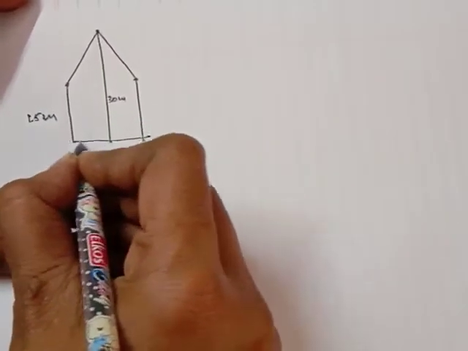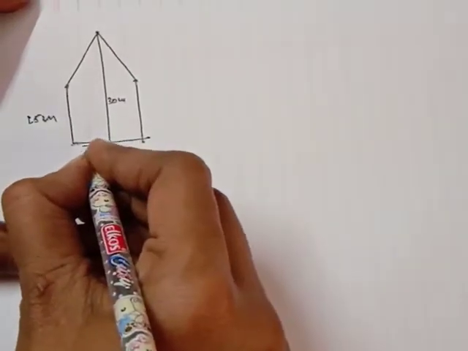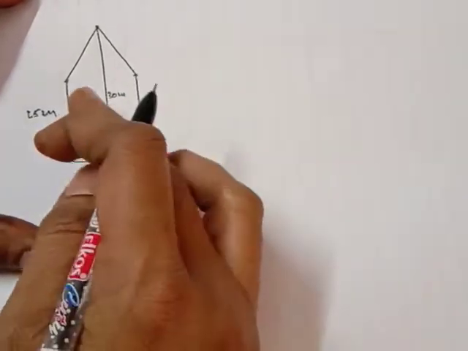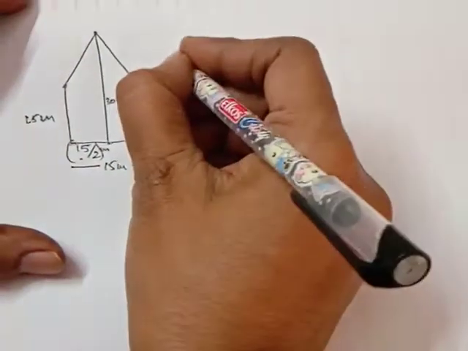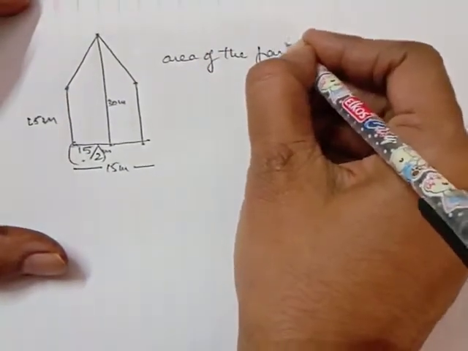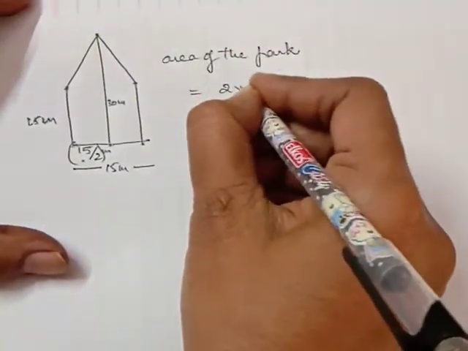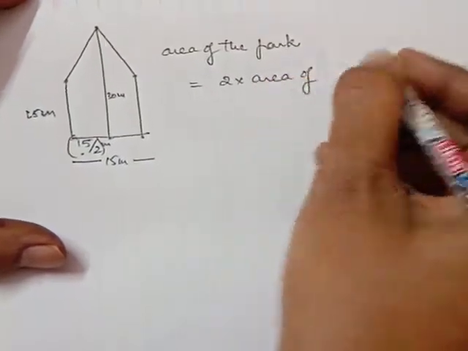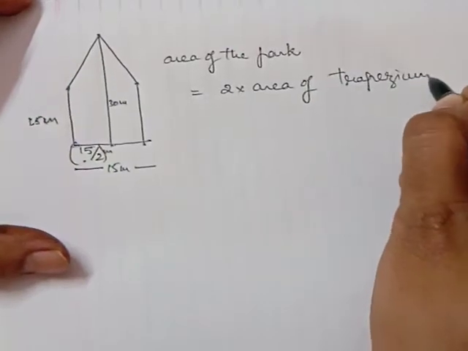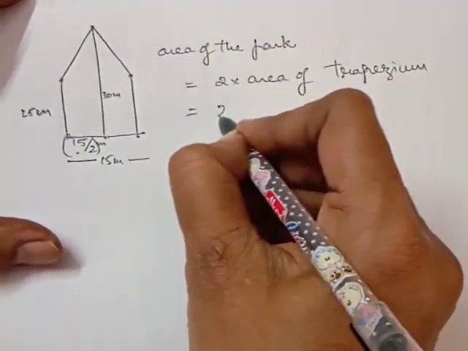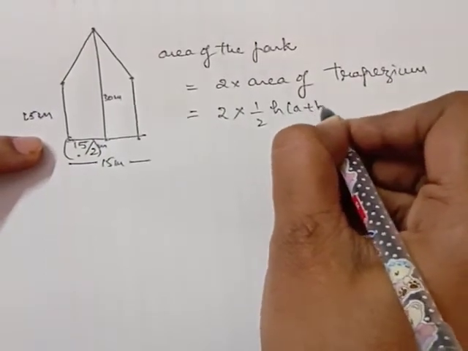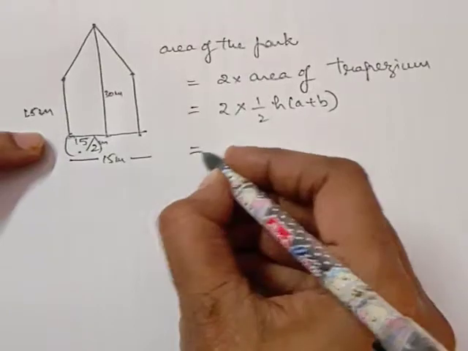So this becomes half, 15 by 2 meters. Okay. So these two areas are equal. So area of the park is equal to 2 into area of trapezium, which is half h into a plus b.